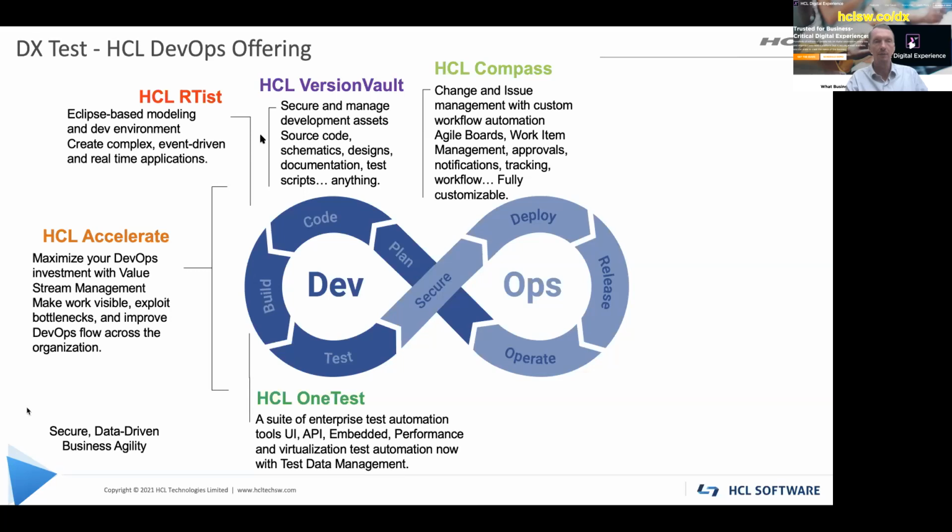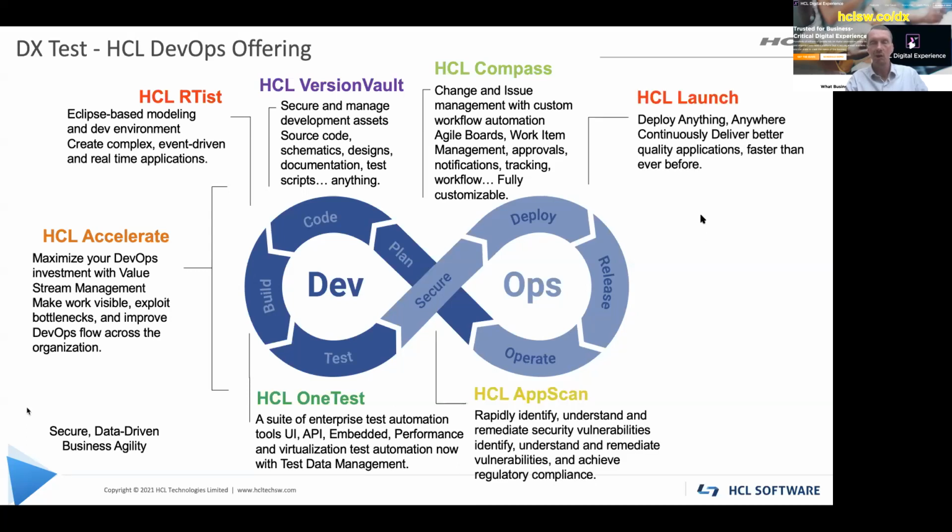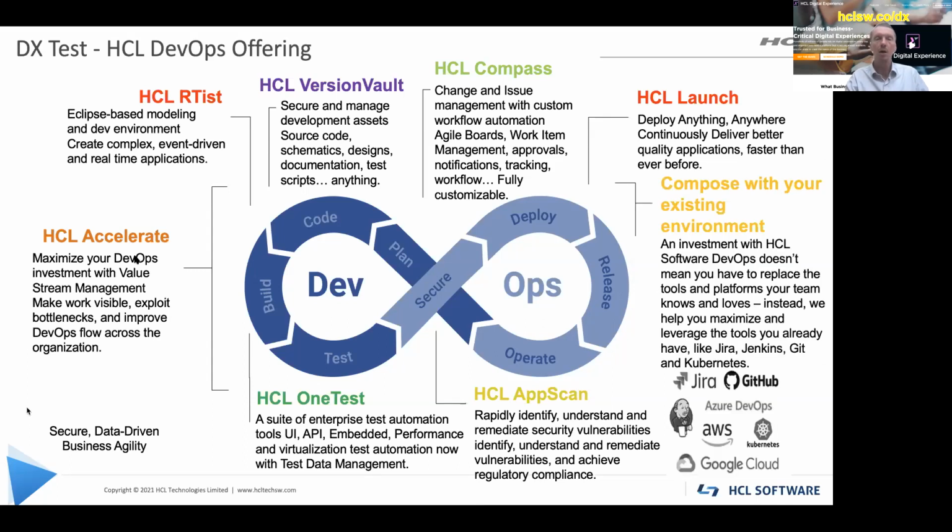We have an Eclipse-based modeling and development environment for the creation of those applications. We got OneTest, which allows you to do all kinds of testing of your applications. We got Launch, and we got AppScan, and these all really help you to manage the DevOps in more detail.